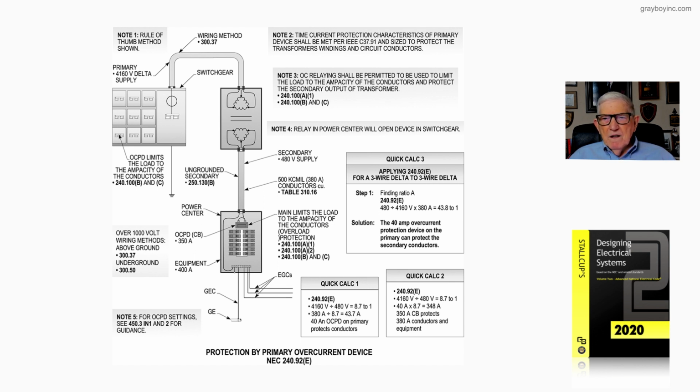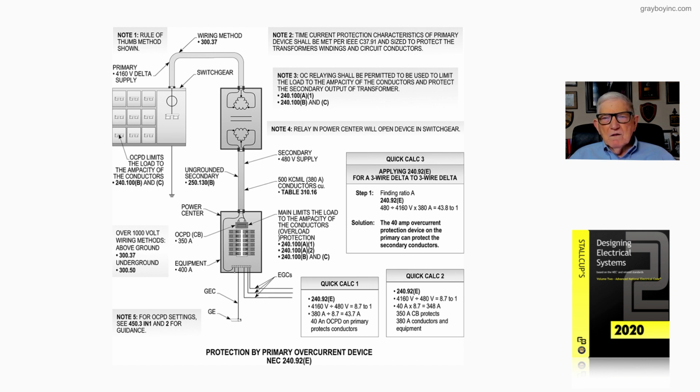And then in Quick Calc 2, we're applying 240.92(E), and again 4160 divided by 480, showing the ratio 8.7 to 1. If you took 8.7 times 40 amps, you'd come up with 348. So we could round up to a 350 amp CB that protects the 380 amp conductors at the equipment.